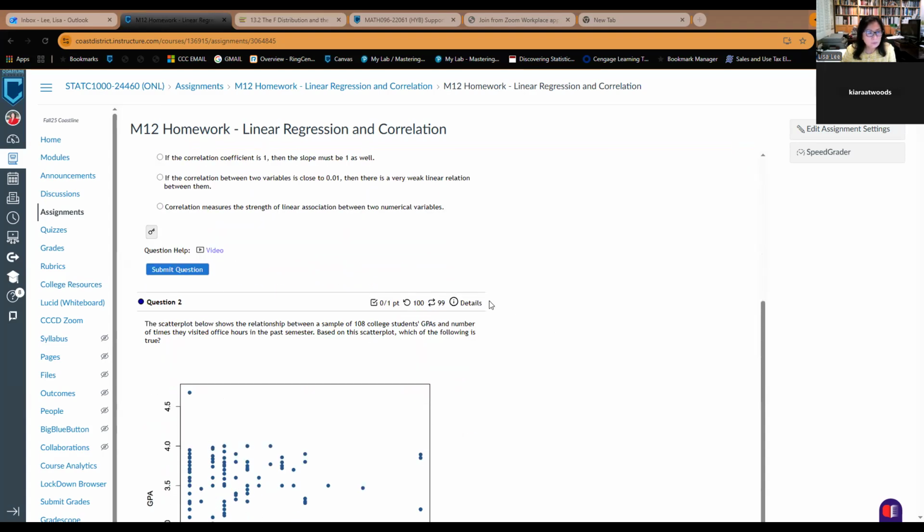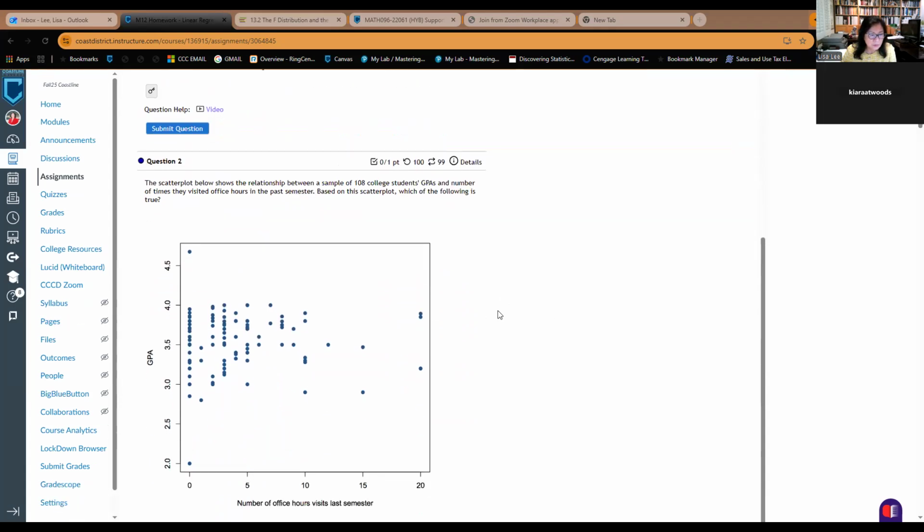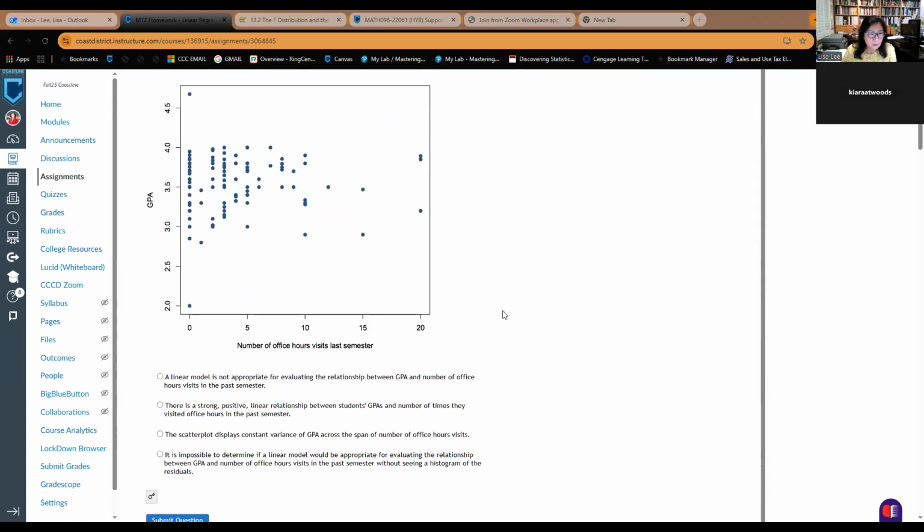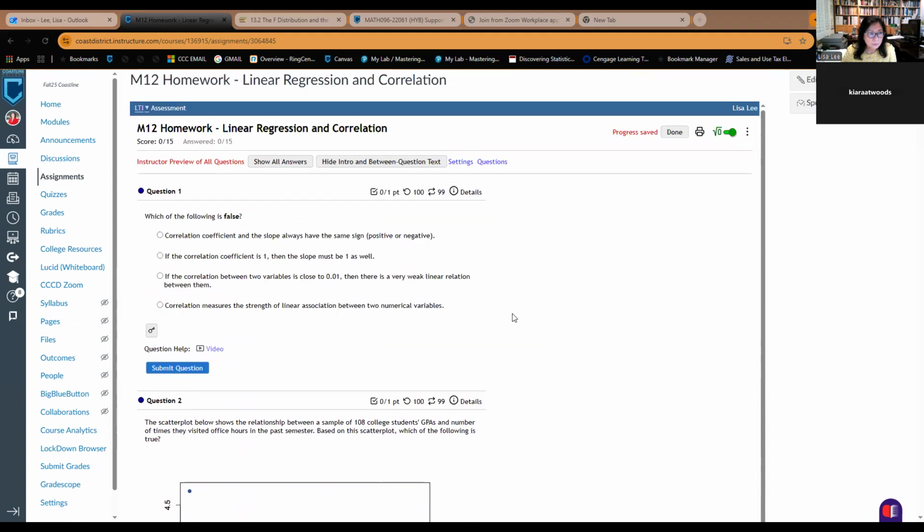If one of them you think maybe you need some help, we can stop. Which one is just a concept? Which of the following is false? Can you read it? Correlation, not too small.